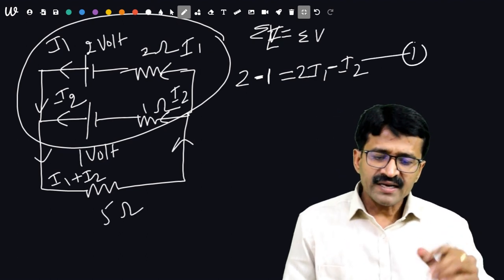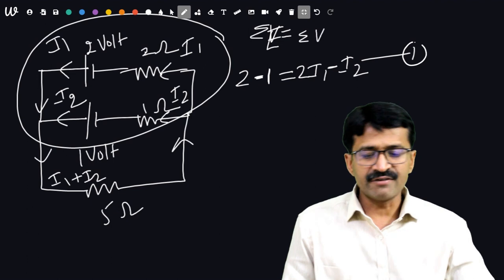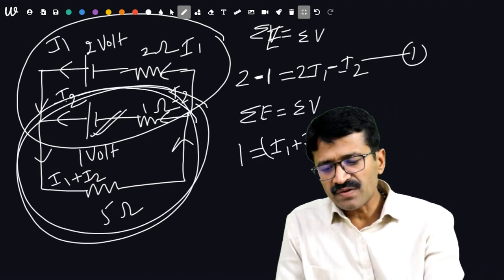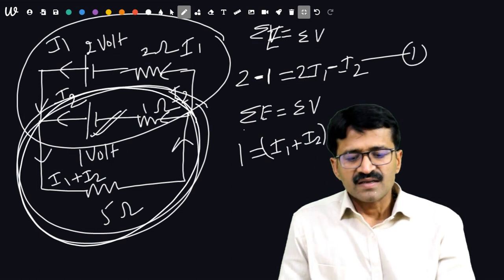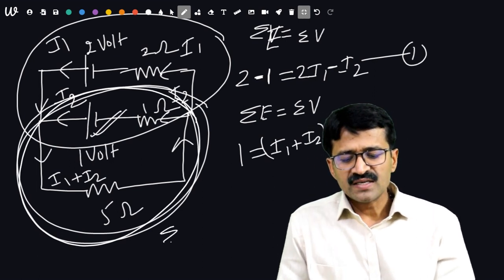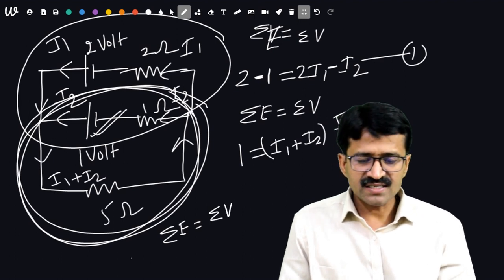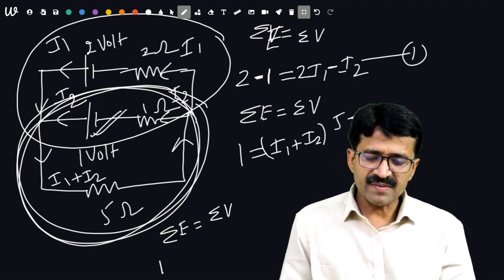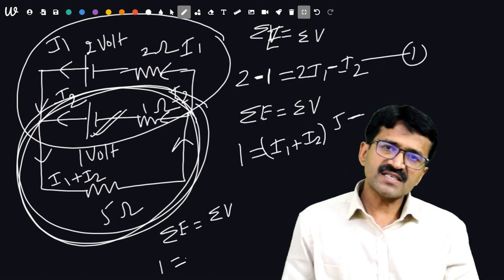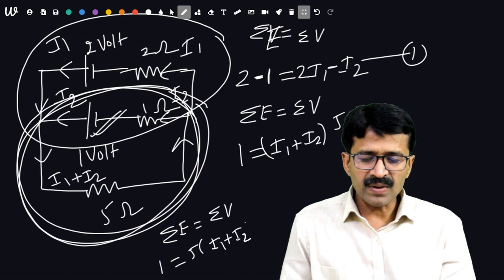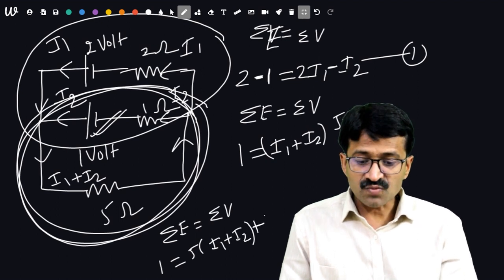To solve it, you have to take another equation. Let us take this equation. In the second loop, we consider sigma E is equal to sigma V, and according to this, the algebraic sum of EMFs is 1 volt. The algebraic sum of potential differences will be 5 into I1 plus I2 plus 1 into I2.